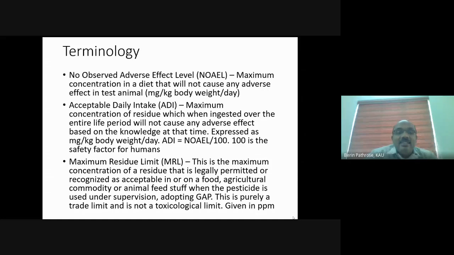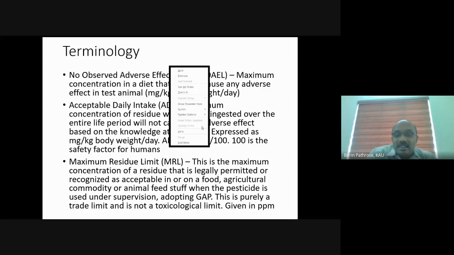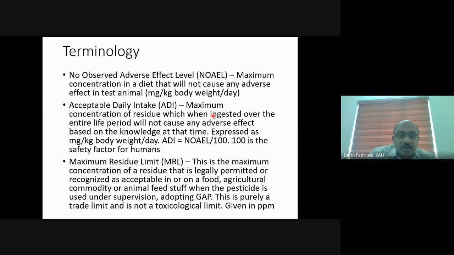The next thing is critical: based on the knowledge at that time. Because we have studied only up to that point, certain pesticides have adverse impacts that get manifested only after prolonged usage. So we cannot say that we have checked this, it is safe, and it will be safe for the entire time, for say 10 years, 20 years, 30 years.